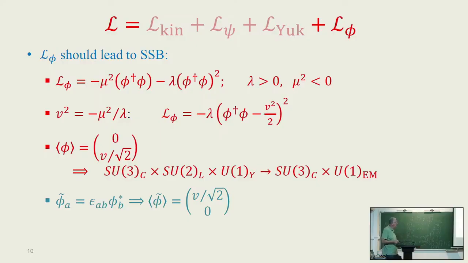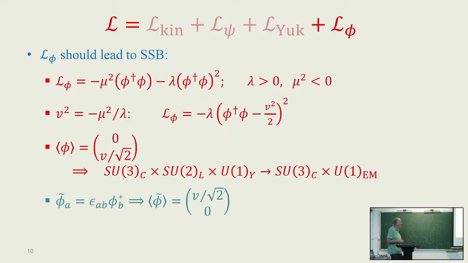So that's what's written here. And we know, because we remember what we said in the morning, that it's a singlet of SU(3) color. So all the SU(3) color generators would annihilate this vacuum, and therefore SU(3) is not spontaneously broken.